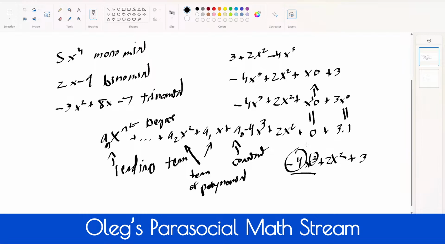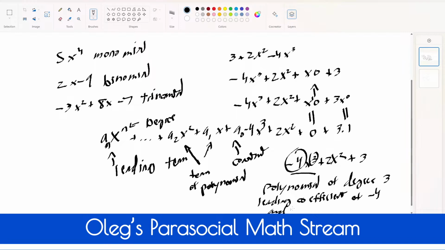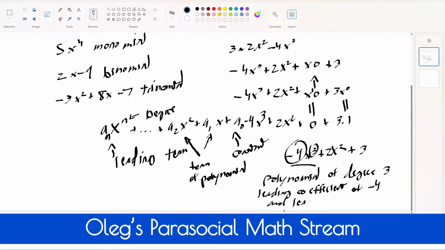Now, poly means many, by the way. So we have a polynomial of degree 3 with a leading coefficient of -4 and a leading term of -4x to the third power.